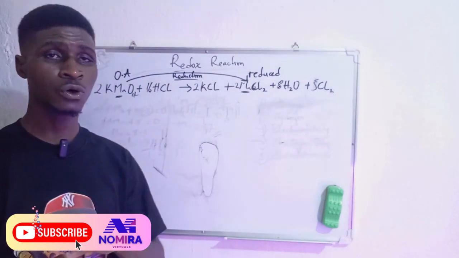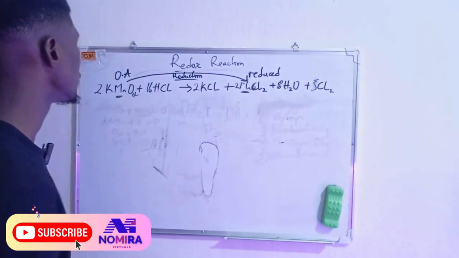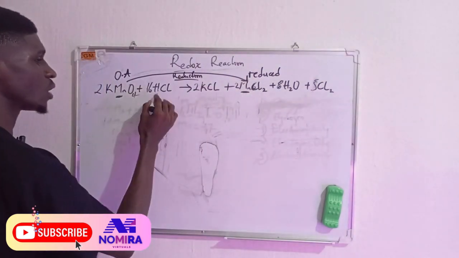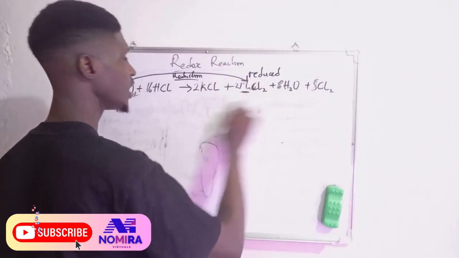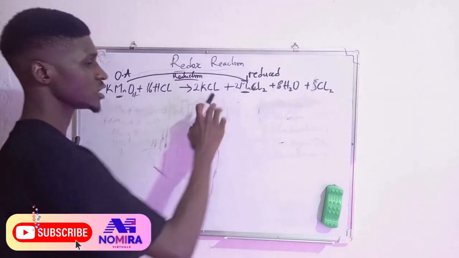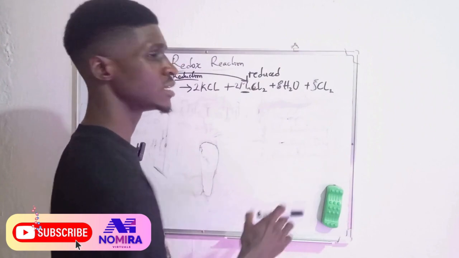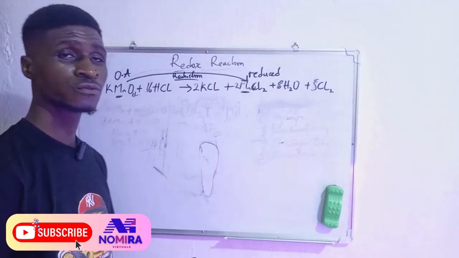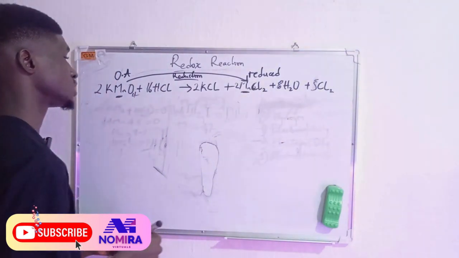But this is not true for all cases. There are exceptions. So we are going to leave this, since we've solved it as reduction. We are going to consider any other place that chlorine and hydrogen is found on the product side, so that we can compare and contrast which one will suit oxidation.